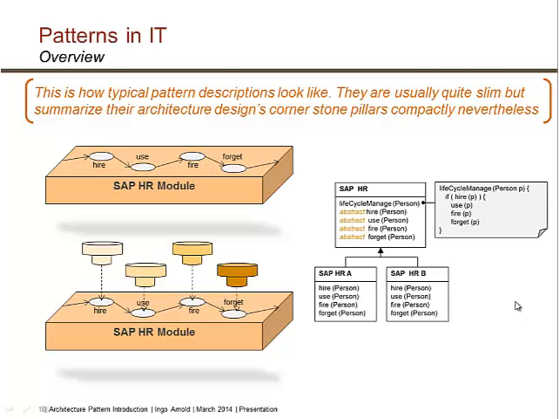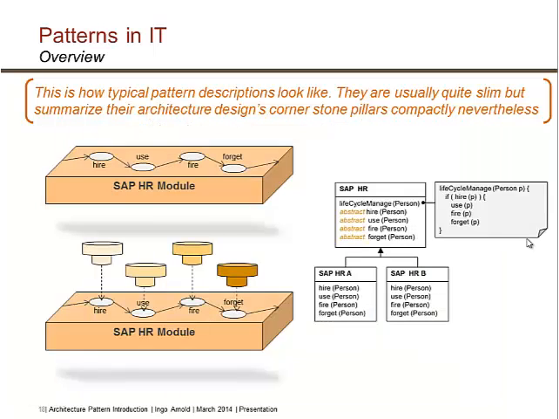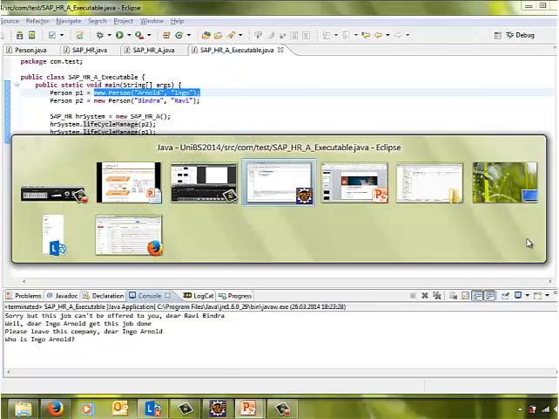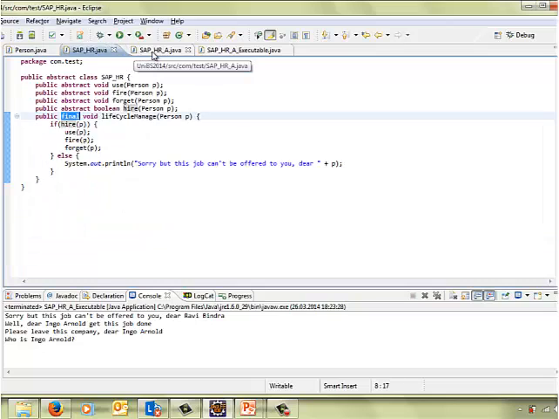So I hope that you have seen that between the template method pattern, the generic description that we can see over here yet again, the application of the template method pattern to the SAP problem as we had it at hand, and then finally the implementation that we based upon all of that here in Eclipse, in the Java language in this specific case, there is a clear trace between the three steps.